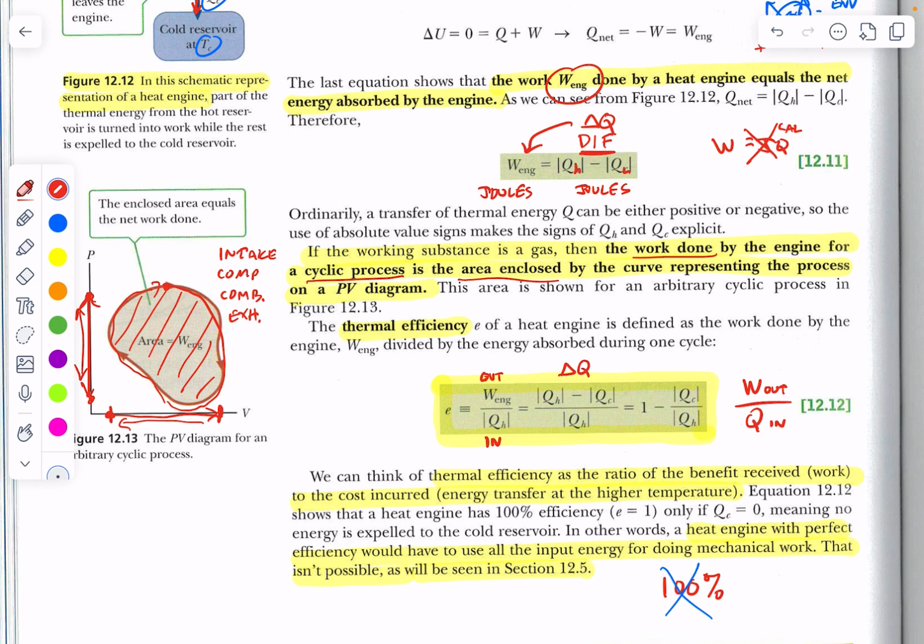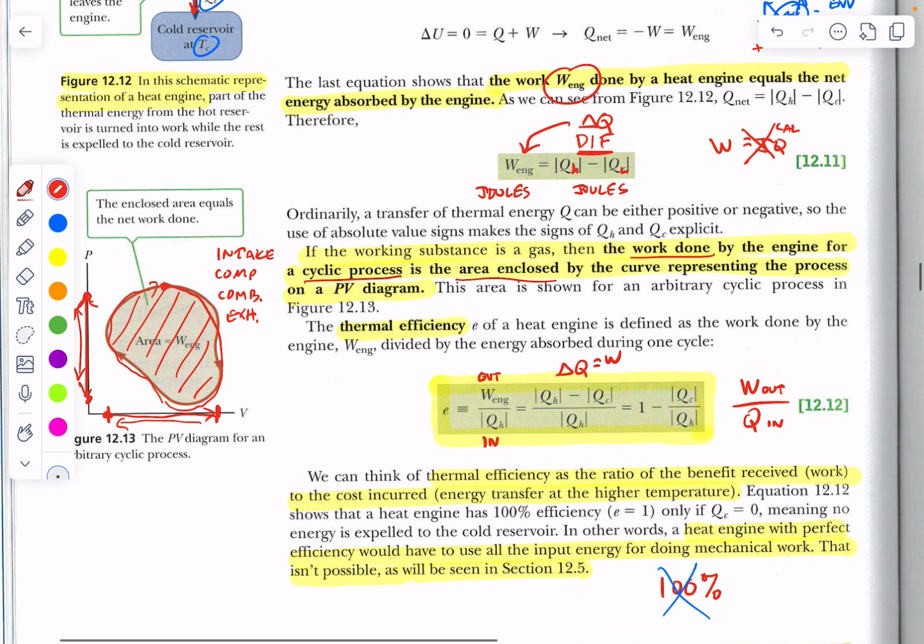It can also be represented by the change in the heat coming in minus the heat going out, delta Q. And that change in heat has to be accounted for, and that would be the work. This delta Q would be the work. And therefore, we can calculate the efficiency of the heat engine. And that's work out divided by the amount of heat that you had to put in. You can convert it into a percentage by multiplying by 100%. And this would be the efficiency of your heat engine.